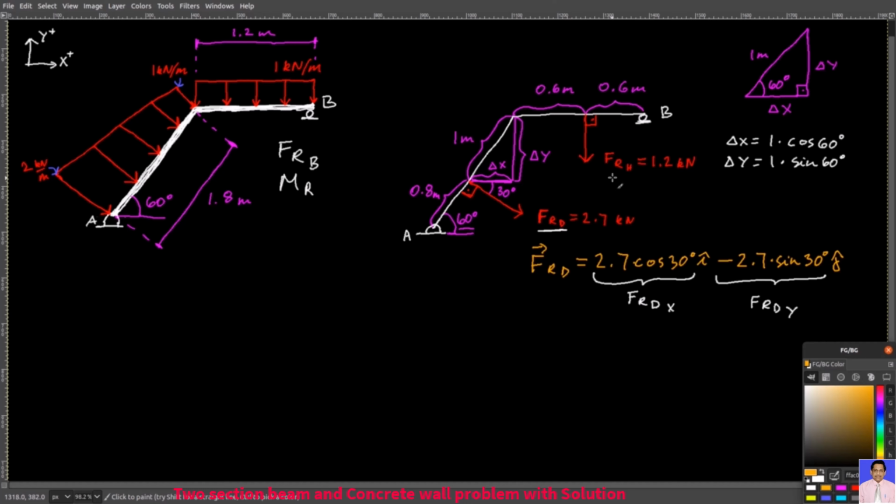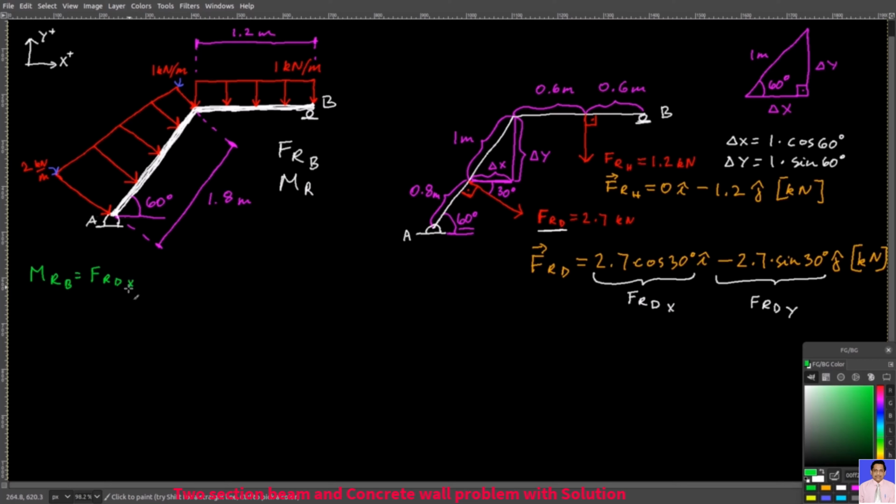Also remember that FRH vector equals 0i minus 1.2j. And of course, both forces are in kilonewtons. And now we are in a position to calculate the total moment about point B due to these forces. So let it be MRB.